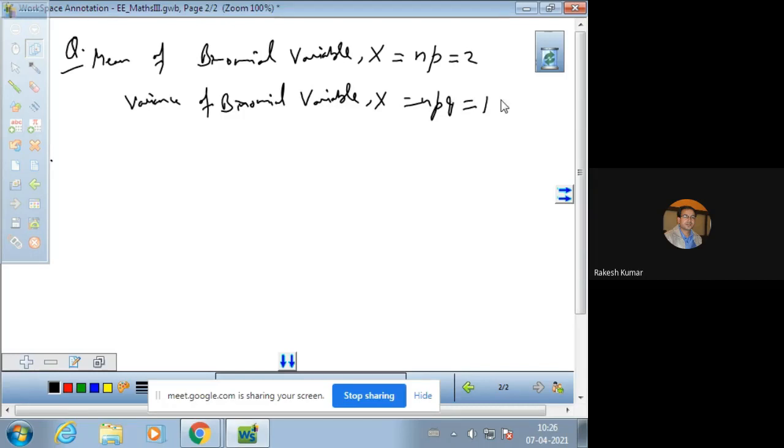They have said that find the probability that x takes a value greater than 1. This is what we need to find out.